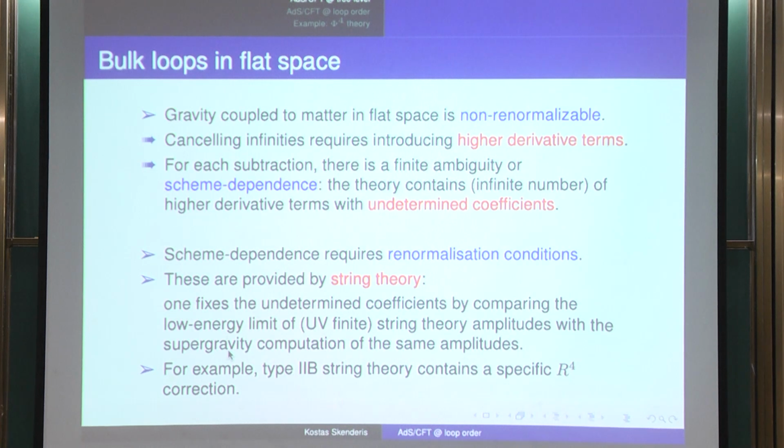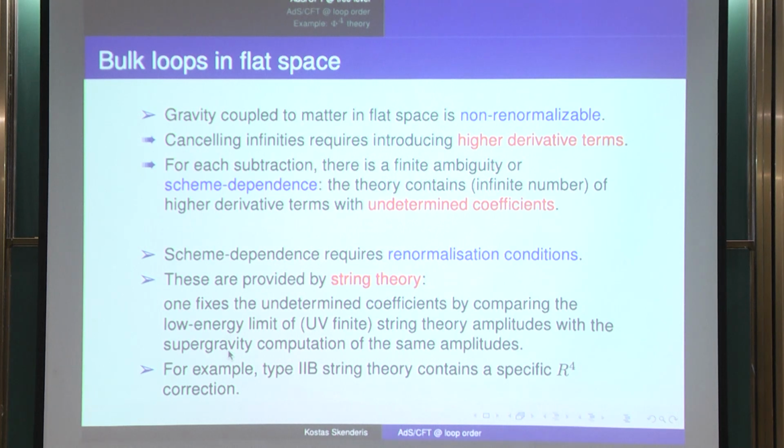Now, when you do have a UV completion that you know, like for instance string theory, then it's string theory that provides this infinite number of constants. So the way you fix them is you compute the same amplitude in string theory. Let's say you have a 4-point or a 5-point amplitude. Then by construction, string theory is UV finite, so the answer has no ambiguity. It's going to be some function of momenta that also depends on alpha prime.